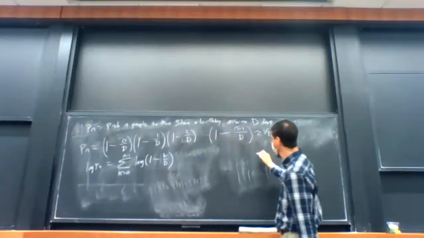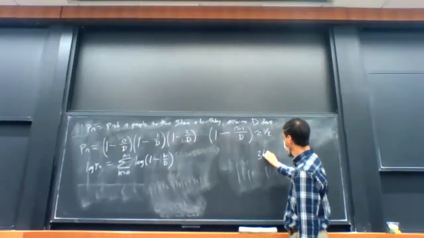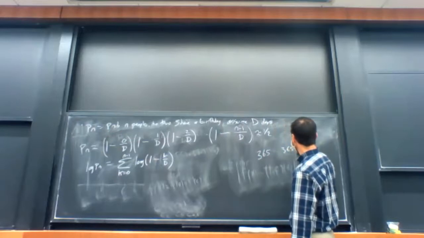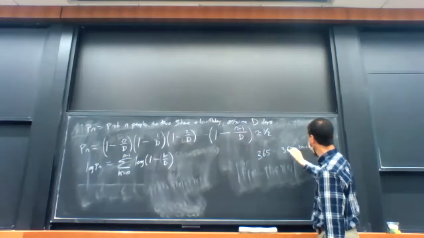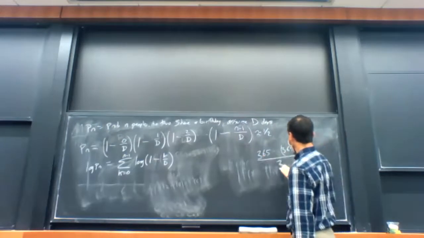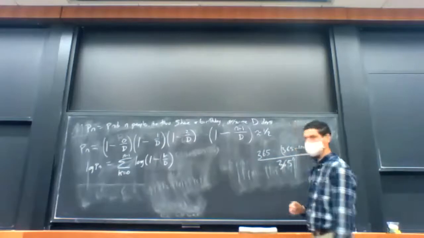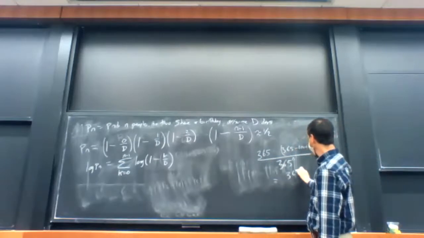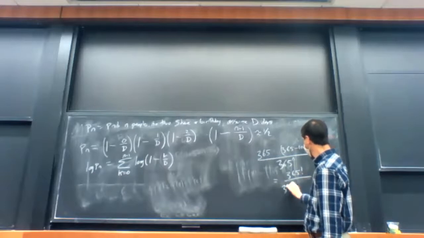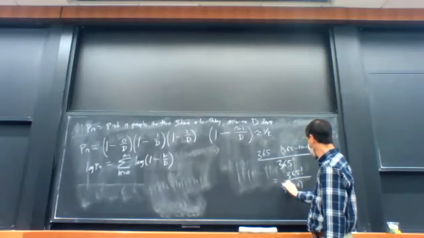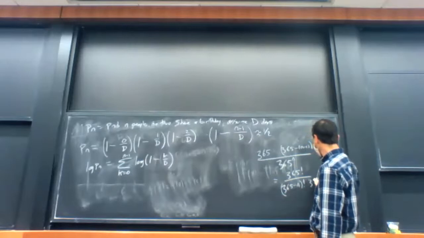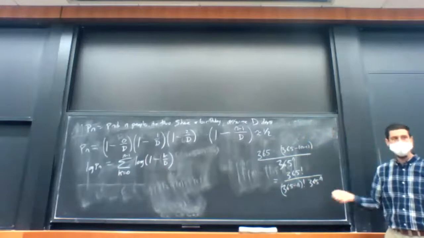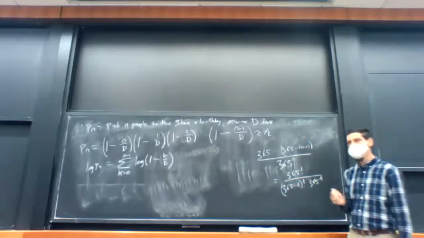And so you might have 365 dot dot dot all the way down to 365 minus n minus 1, all over 365 to the n. You could write this as 365 factorial over 365 minus n factorial times 365 to the n. If you try to compute this directly on your calculator, it will almost surely explode.